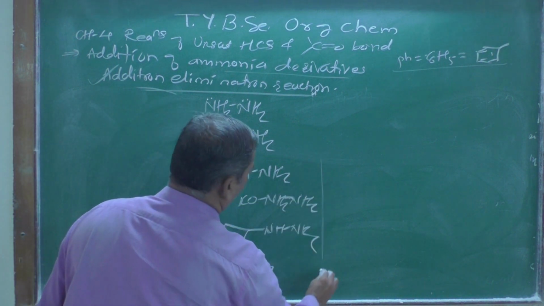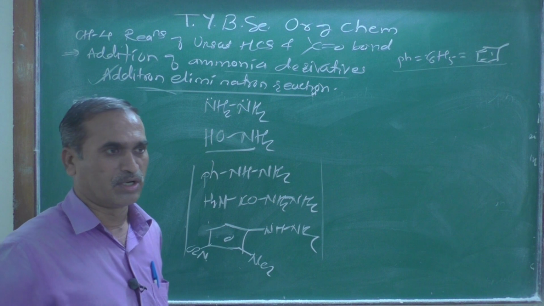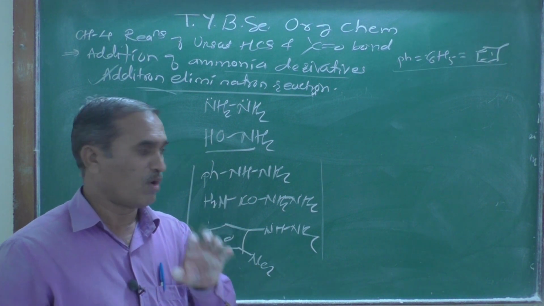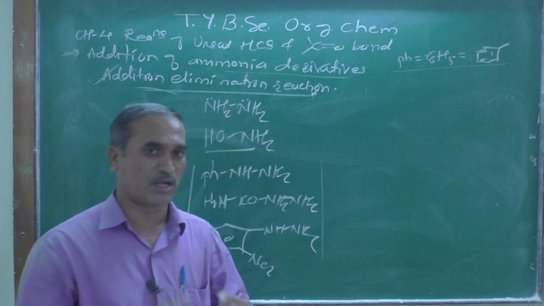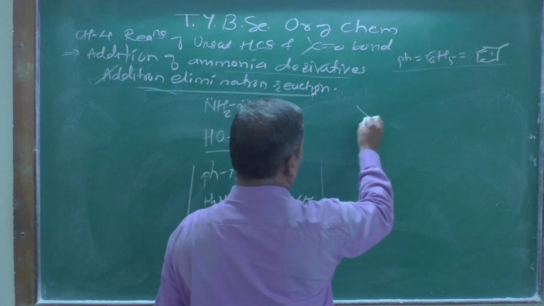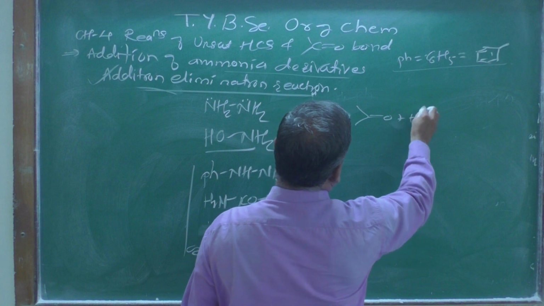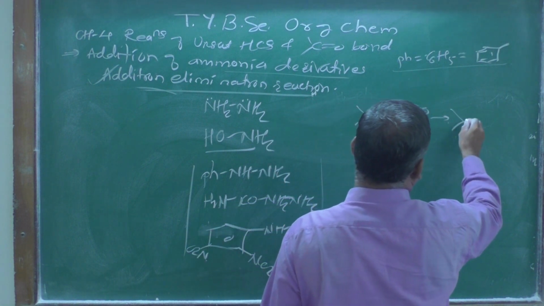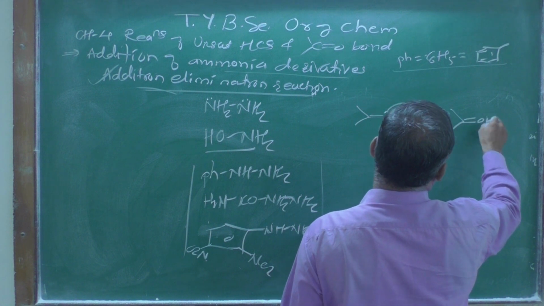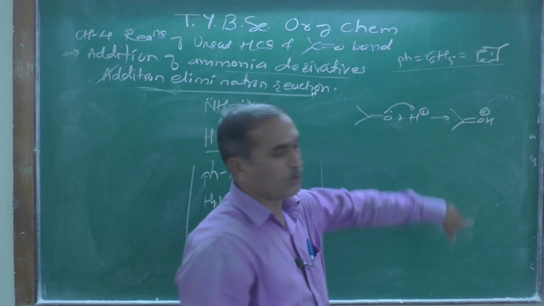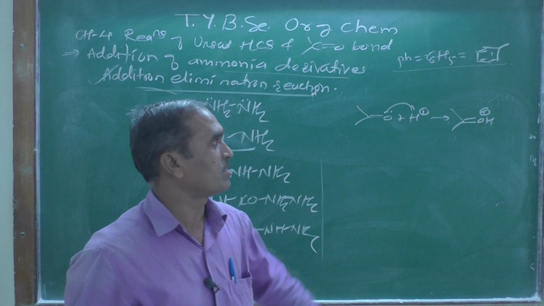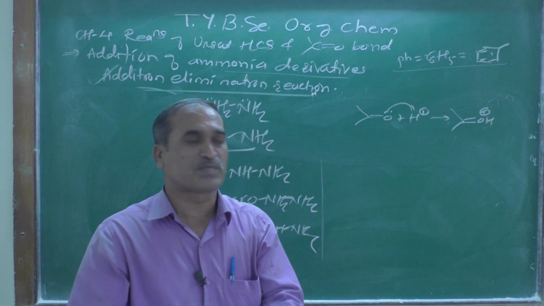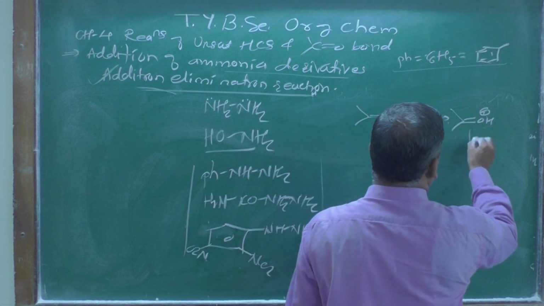these 3 are required in acidic condition, but very mild acidic condition only. And why? Because in mild acidic condition, what is happening in case of the aldehyde, it gets protonated and therefore you are going to get C double bond OH positive charge, and due to the protonation of this carbonyl oxygen atom, this carbon atom becomes more electrophilic in nature.